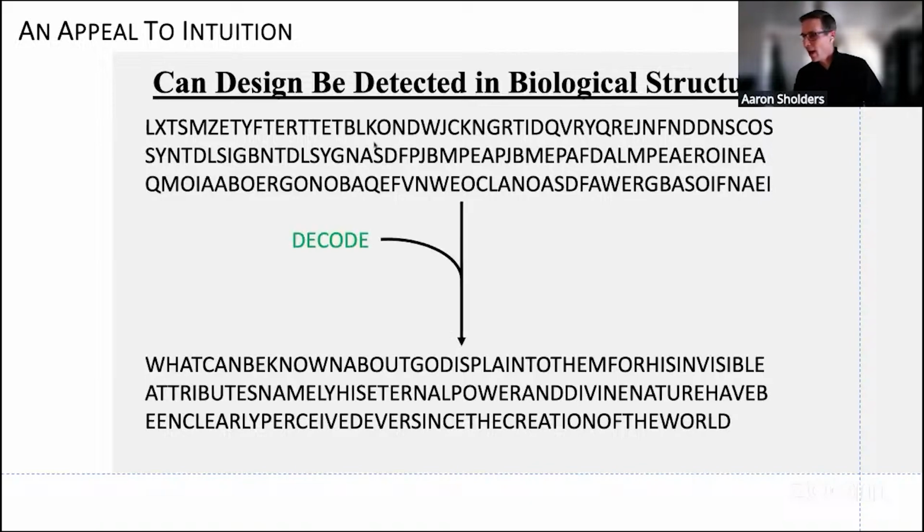And it turns out that in those decoding instructions, this sequence of letters actually leads to this sequence of letters, which is, remember, a part of Romans 1. So maybe the decoder said, everywhere you see L, put W. Everywhere you see X, put H. Now, when you discover that, you think, wow, someone had way too much time on their hands.